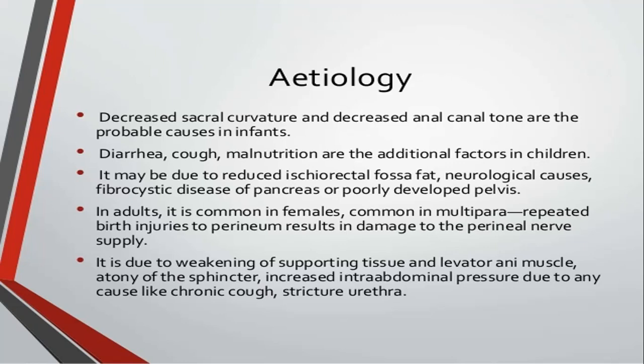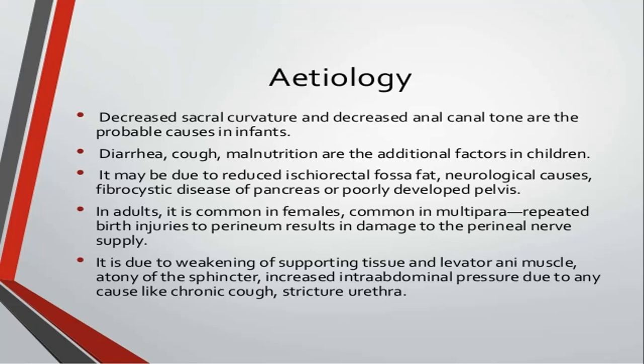So the sacral curvature is basically the main factor holding the rectum. It may decrease during the embryological development of the baby, or there may be a decrease in anal canal tone. The anal canal is controlled by the sphincters, by the levator ani muscles and the puborectalis. So these are the reasons which cause the decrease.